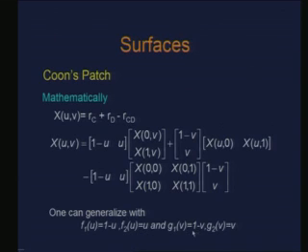Similarly, 1 minus v as g 1 v and v as g 2 v, and I can use then f 1, f 2, g 1, g 2 as the blending functions, right.